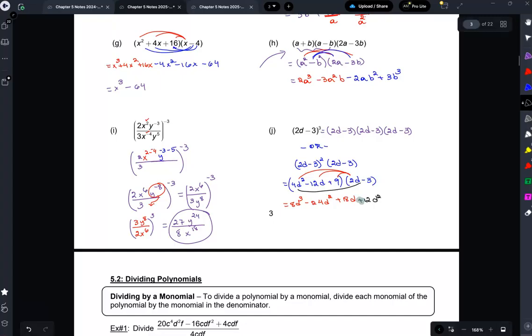Ooh, I heard you. Negative 12d squared. Positive 36d, my goodness, minus 27. Okay, are there any like terms?